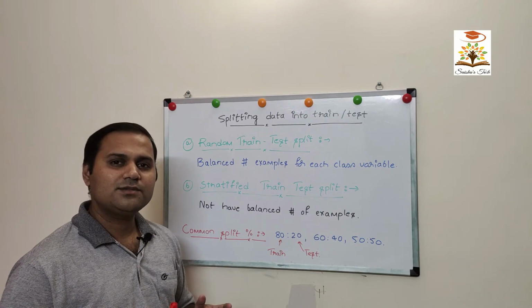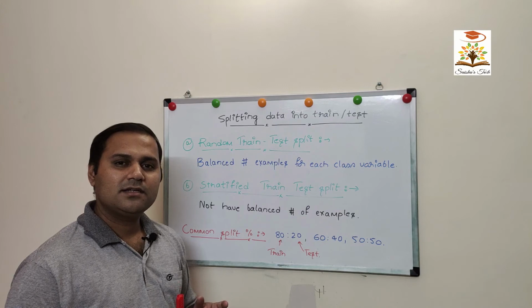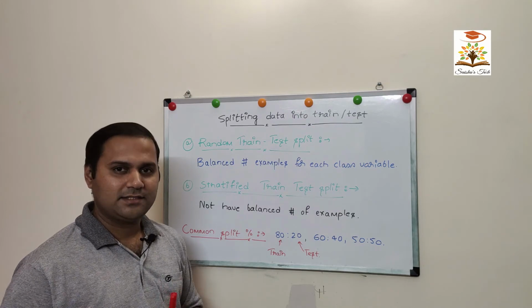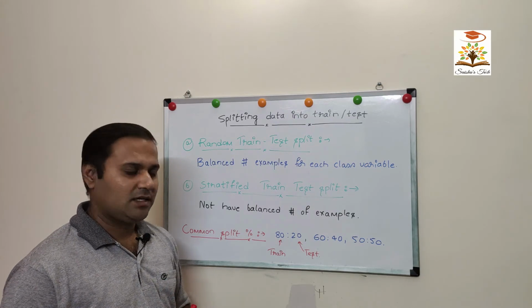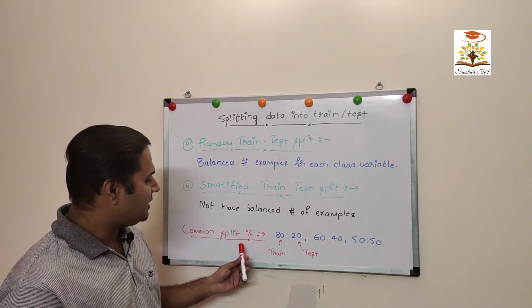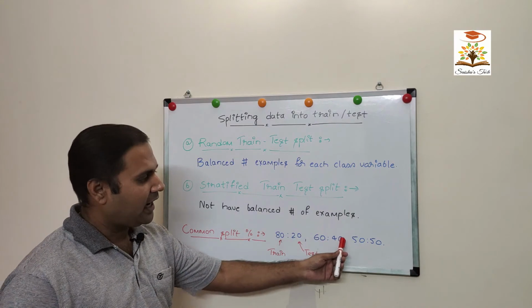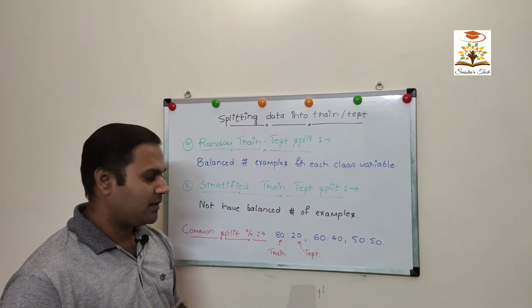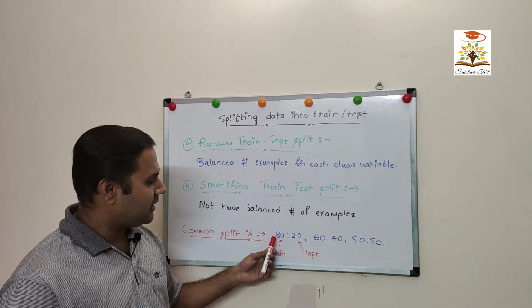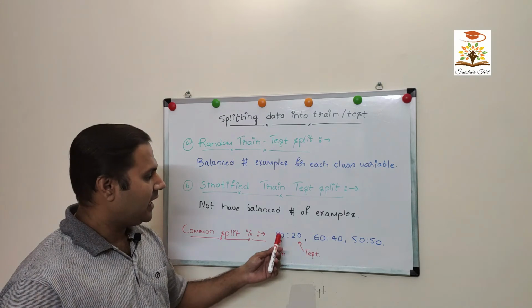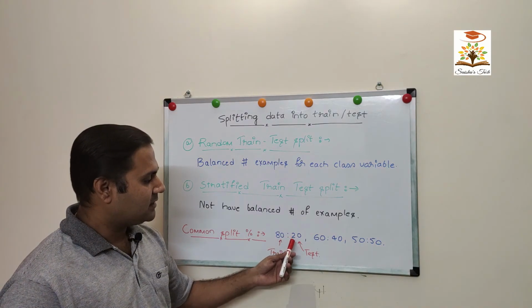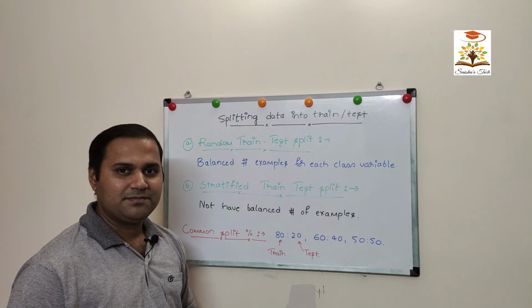There are numerous ways of splitting the percentage of train and test. The most common split percentages of train and test are 80-20, 60-40 and 50-50, where 80% of the primary data is considered as the training data and 20% of the data is considered as the test data.